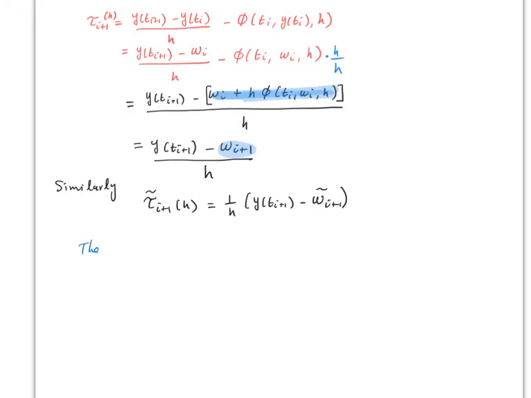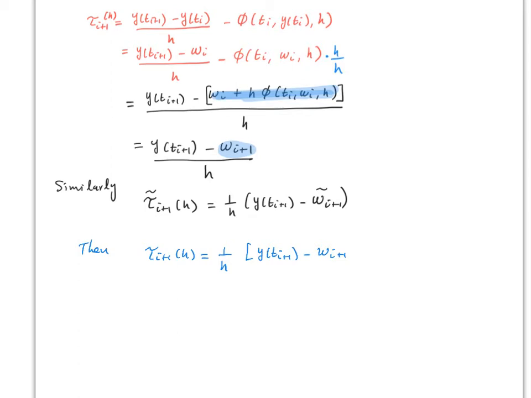Alright, so then notice the following. We have tau_{i+1} of h as equal to 1 over h times y of t_{i+1} minus w_{i+1}. So that's what we have so far.